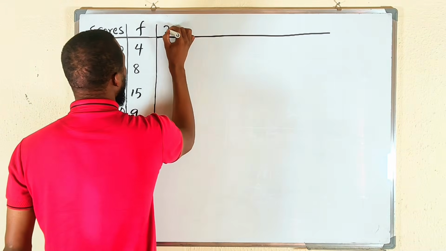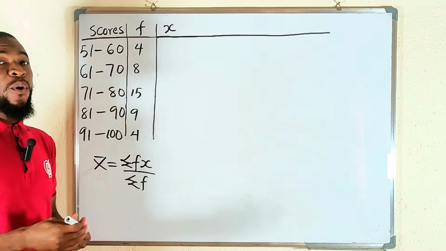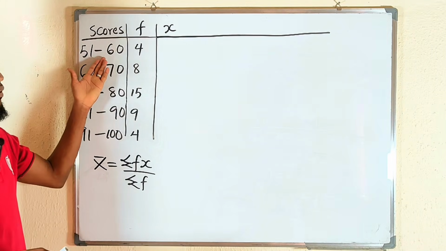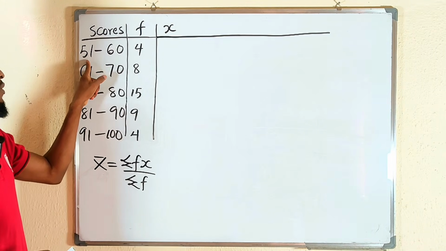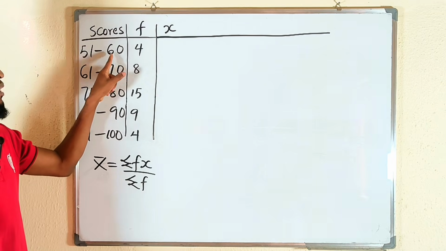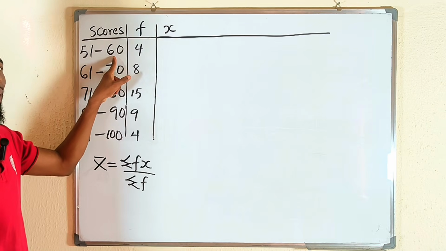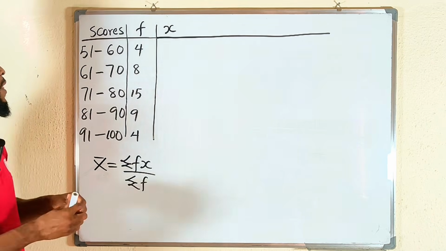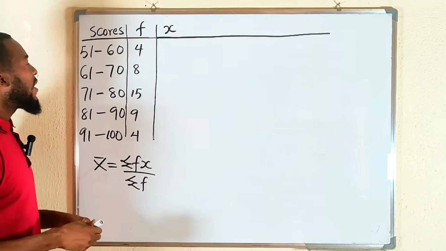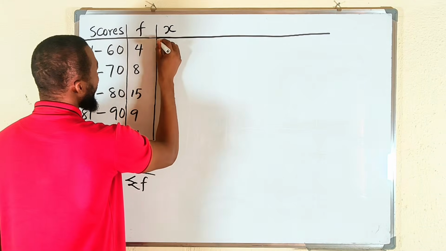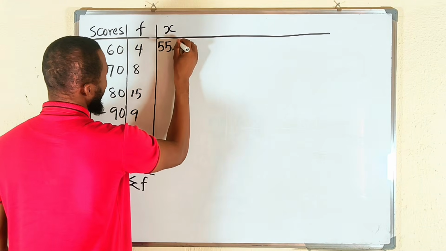So x, what is x? X is the midpoint of your class limits. If you want to get the midpoint between 51 and 60, just add the lower and upper class limits together and divide by 2. If you add 51 and 60, you divide by 2, you're going to get 55.5.